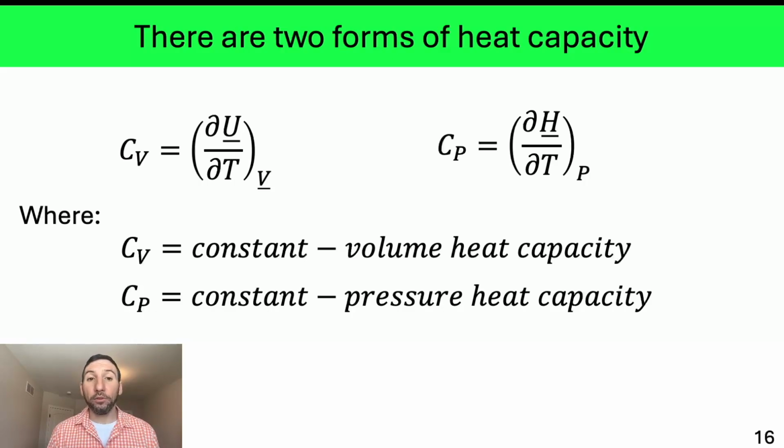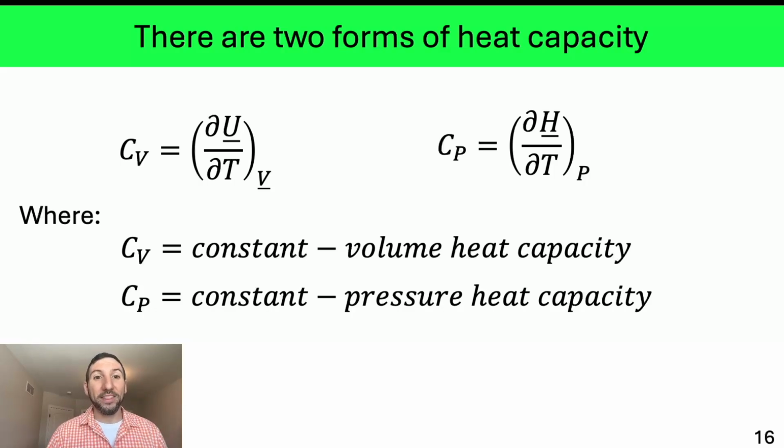Now, these are both correct because you can have both types of containers for this heat capacity measurement. And so that's a really important thing to be aware of and make sure you're mindful of when you're talking about heat capacity, because there's two different types. And both have their merits and are useful in different contexts.